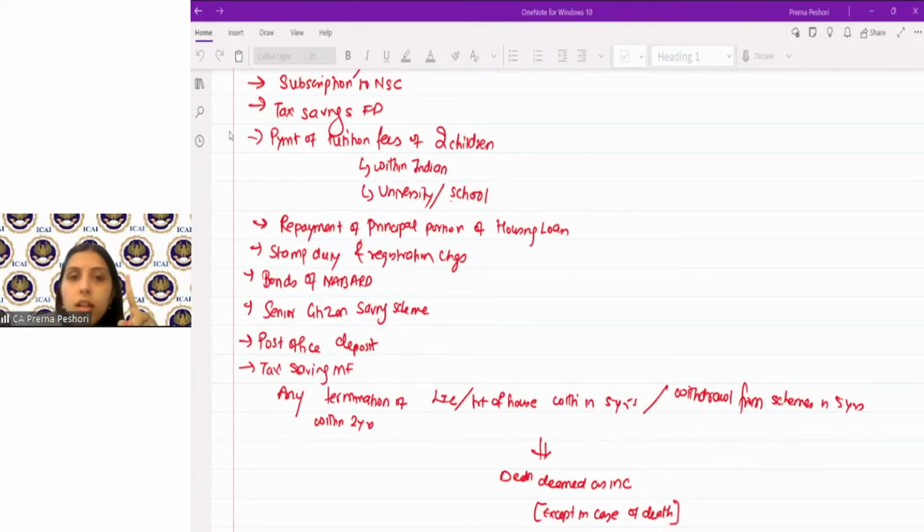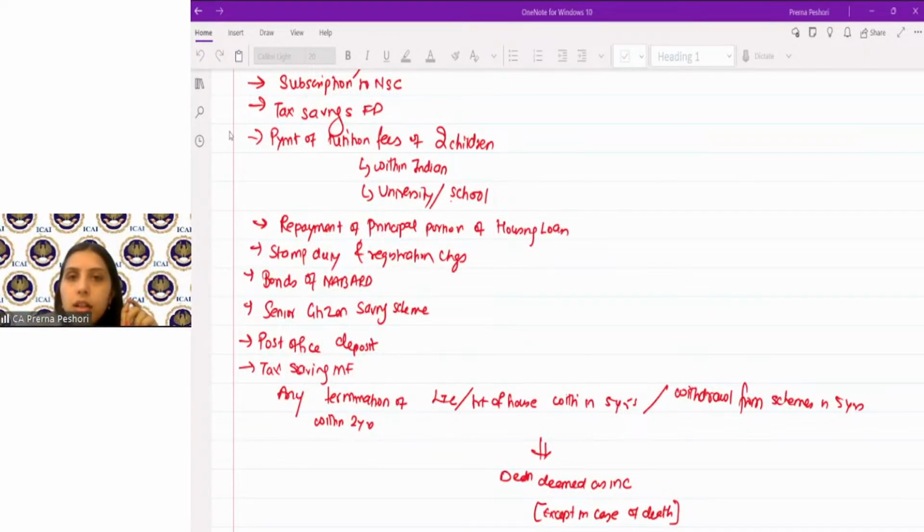So if in case of the unit linked insurance plan, the amount of the premium payable for any of the years is exceeding 2,50,000, then the exemption will not be applicable. Are we clear? Then the exemption is not applicable.